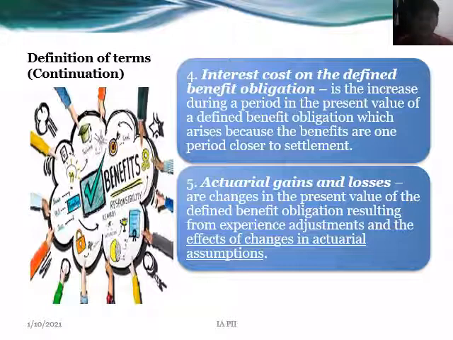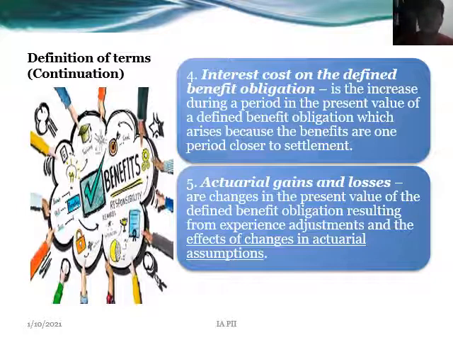Number 5, actuarial gains and losses are the changes in the present value of the defined benefit obligation resulting from experience adjustment and the effect of changes in actuarial assumption. So, nagkakaroon ng actuarial gains and losses dahil mayroong changes sa assumption ng actuary. It is very common kasi nga it is an assumption.